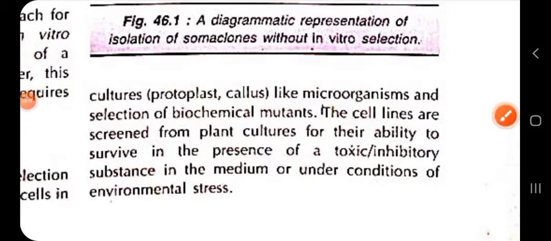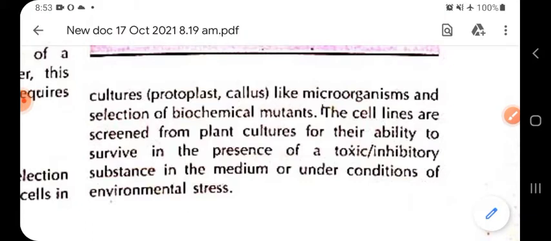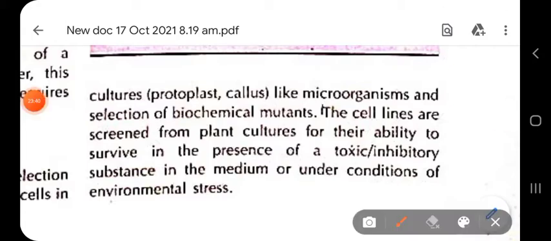The cell lines are screened from the plant cultures for their ability to survive in the presence of a toxic inhibitory substance in the medium or under the condition of environmental stress. So here the cell lines, derived if you are culturing the protoplast cell under those extreme conditions, are screened further.